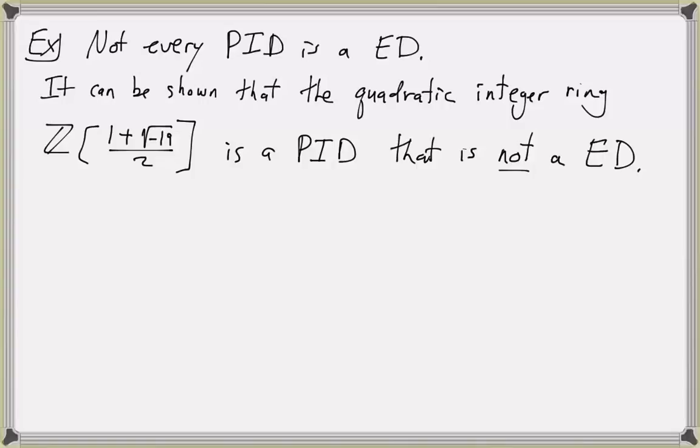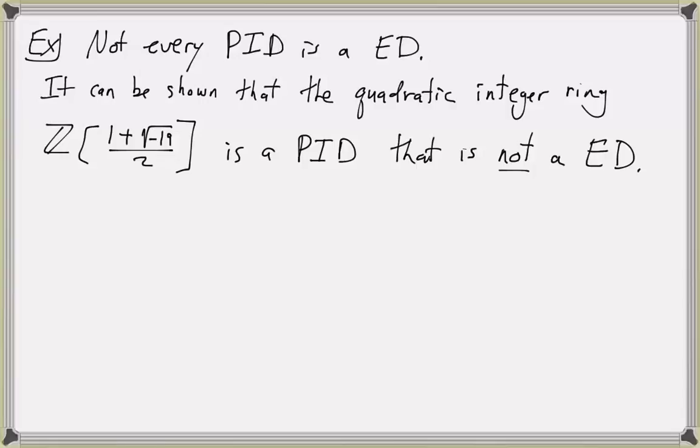So we're building up to showing that every PID is actually another class of domain called a unique factorization domain. But now we're going to define some new terms in order to extend the idea of unique factorization in the integers to this larger class of rings called unique factorization domains.